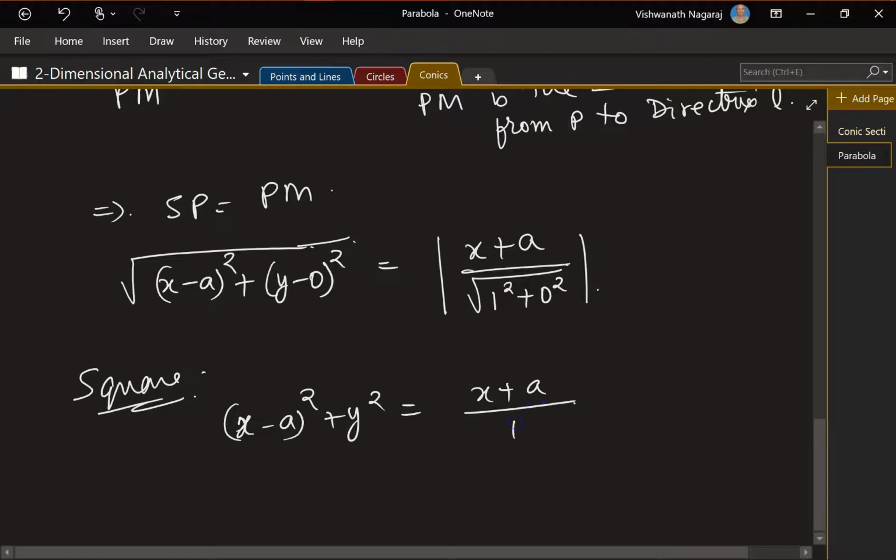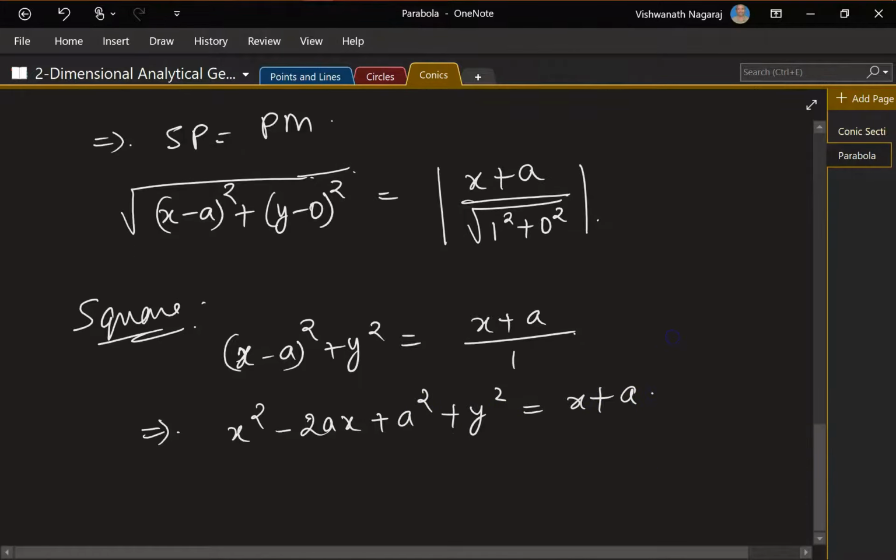So we can just leave it as it is. Now let's open it up. X square minus 2AX plus A square plus Y square is equal to (X plus A), which would also be squared. So this would be X square plus 2AX plus A square.